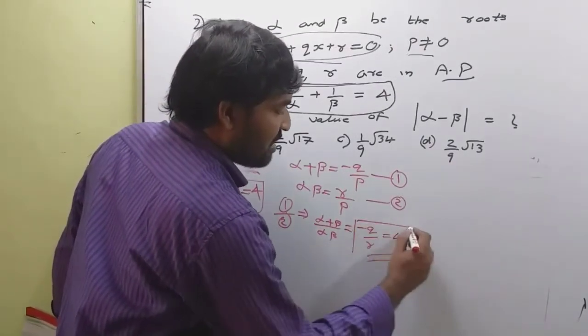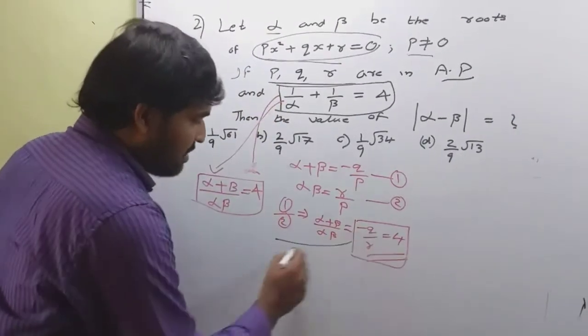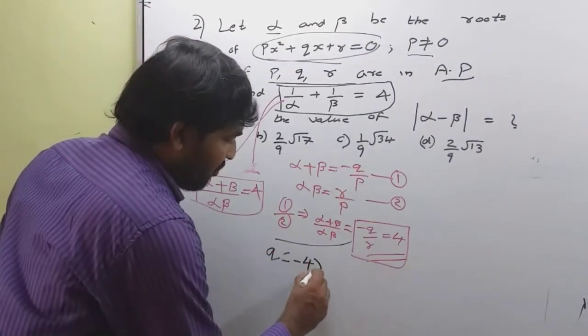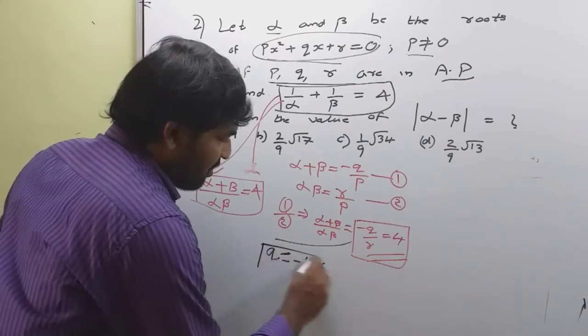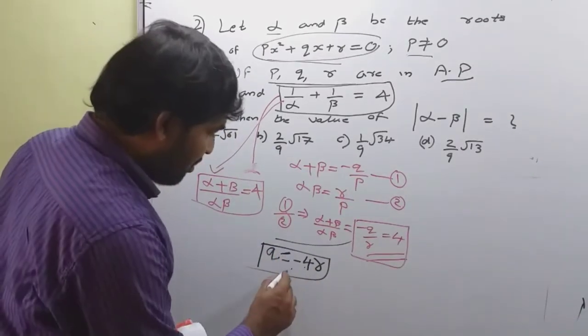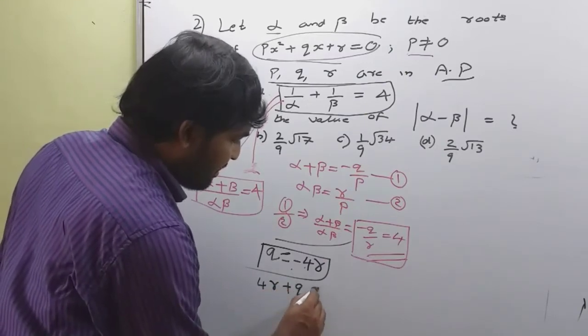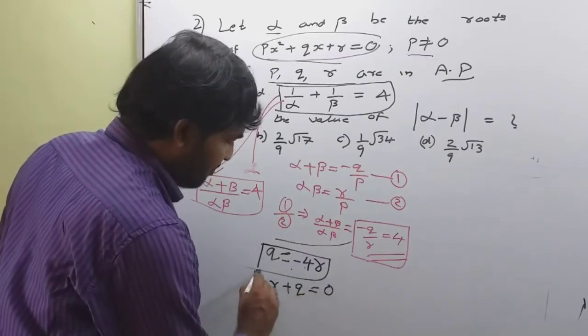So minus q by r is equal to 4. This implies q is equal to minus 4r, or 4r plus q is equal to 0.